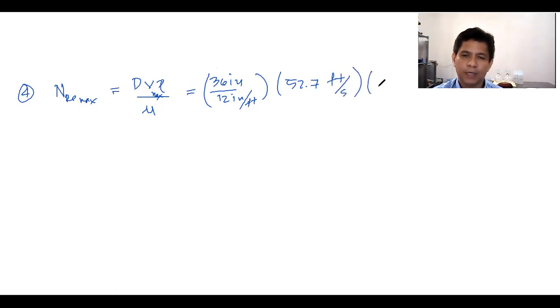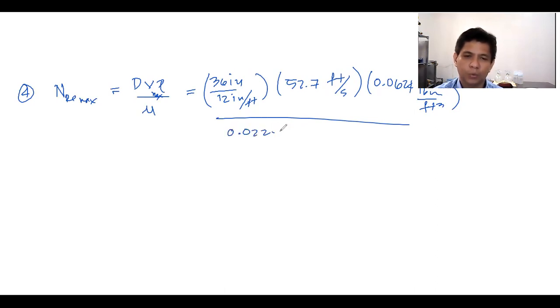Our density is 0.0624 pound mass per cubic feet, and the viscosity is 0.022 centipoise, given in the problem.